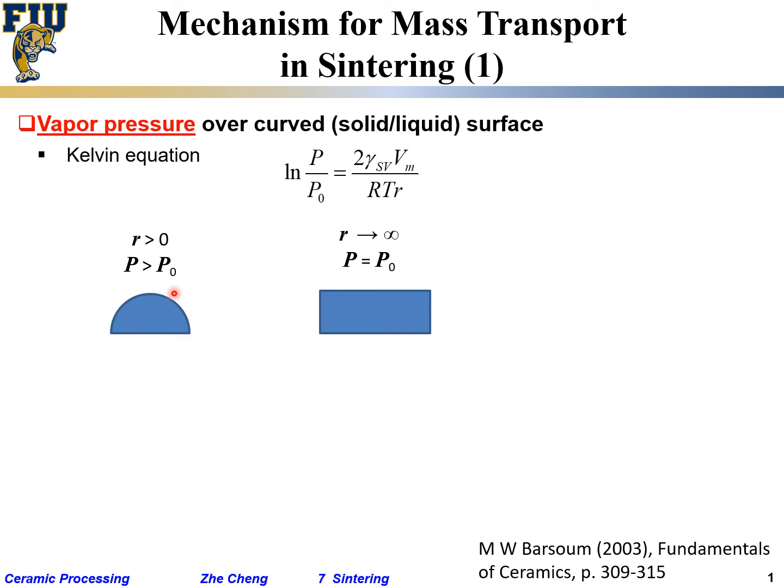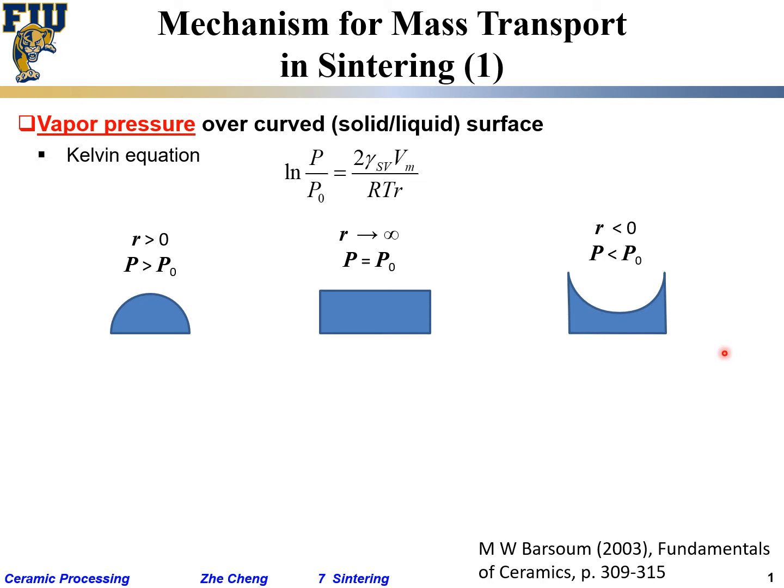If your radius of curvature is extremely small, which means your particle size is very, very small, the pressure over this particle is much higher than equilibrium. Make sense? On the other hand, if we have something like this, we would say the radius of curvature is negative. This is the solid material we are talking about.